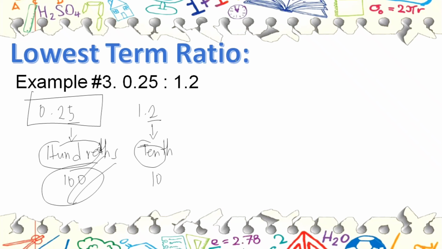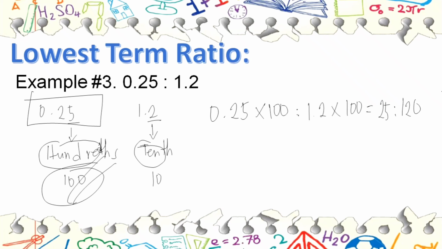So, magiging 0.25 times 100 is to 1.2 times 100. So, solve lang po natin yan. 0.25 times 100, that is equals to 25. And 1.2 times 100, that is equals to 120.